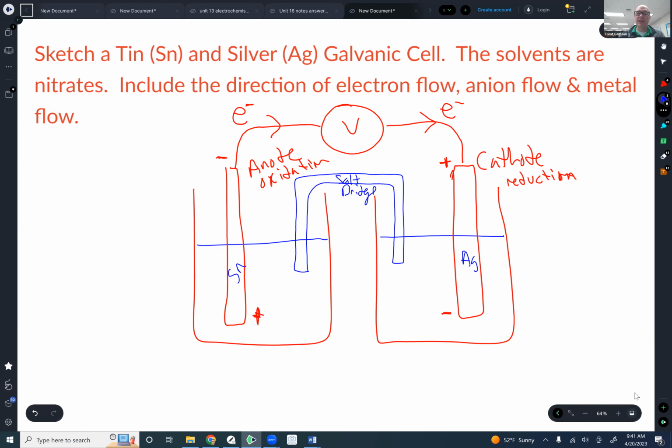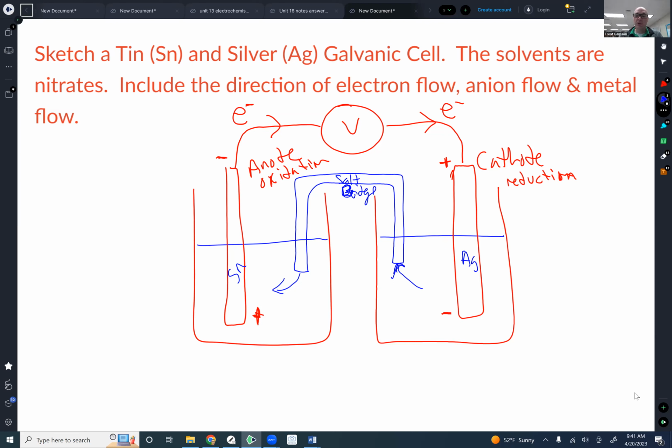It can be complex and it could be made of salt, but all it needs to be is just a wet piece of paper that has salt water on it. And the ions will then flow through into this, not necessarily from the silver, but the ions will flow in through this, completing the circuit's flow of electrons.